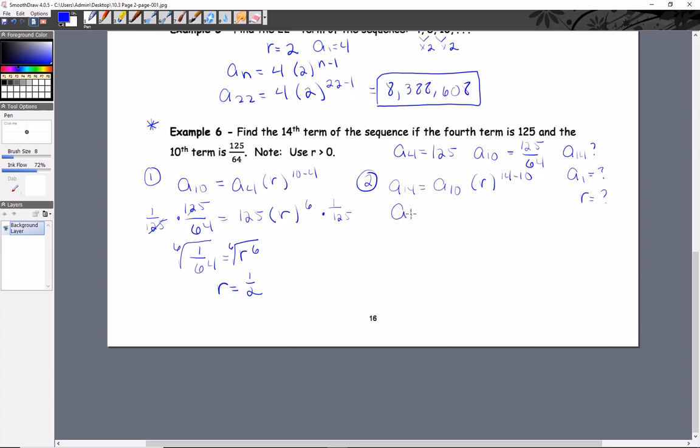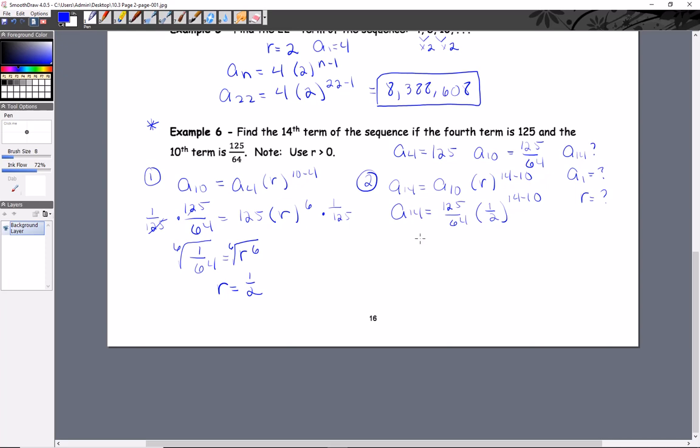So your 14th term is going to equal your 10th term. That's going to be 125 over 64 times 1/2, our newly discovered value for R, to the 14 minus 10 power. All right, so that'll be to the 4th power.